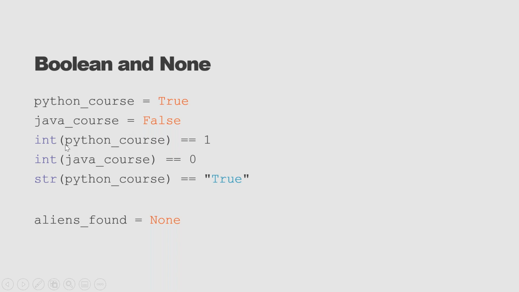Understand? Convert into integer. And true means it will print 1. So what I'm trying to say here is how to convert the type. If you want to convert something into a Python integer, use the integer function. If you want to convert something into a string, use the string function. So you can do that also, float and stuff like that.